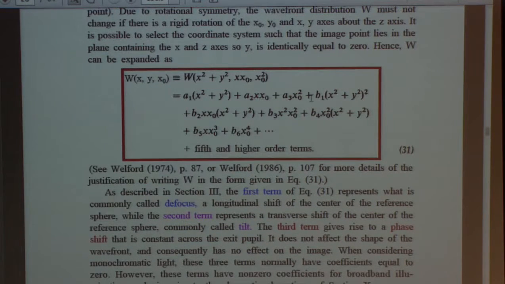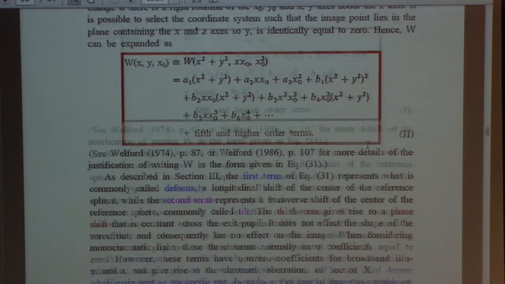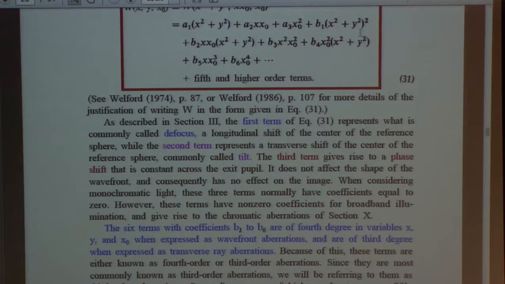Then we come along to these other terms, the b's. We have a b1 times x squared plus y squared, squared. First off, we see that this is fourth order in x and y. There's no x naught here, so we can say it's fourth order in x, y and x naught. Then we have a term that goes as x naught, x squared plus y squared, once again fourth order.